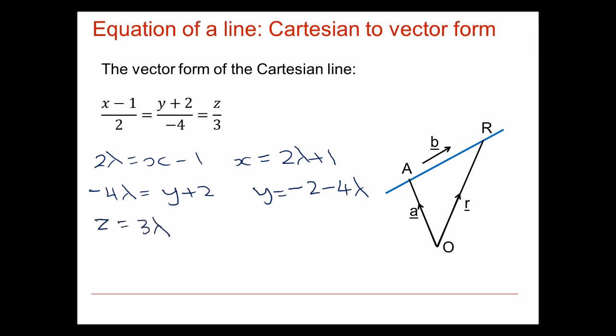This is because each of those fractions equaled lambda. In which case, that leads us to r equals (1, minus 2, 0) plus lambda (2, minus 4, 3).